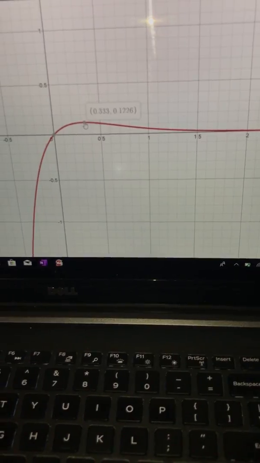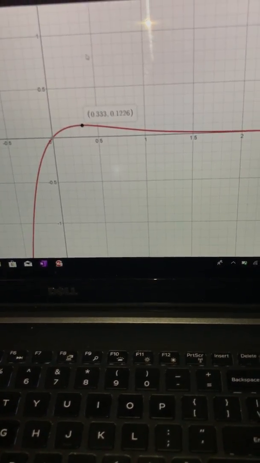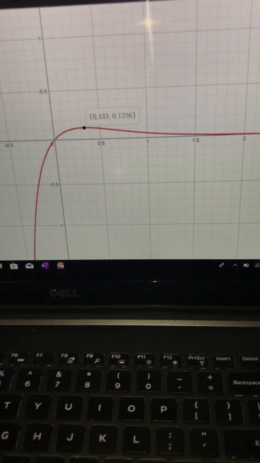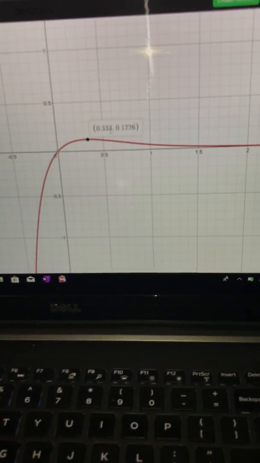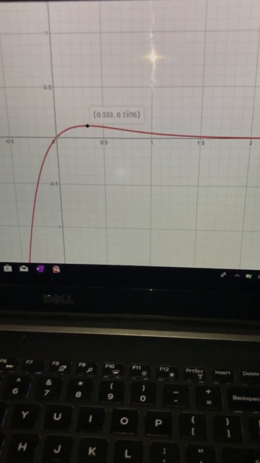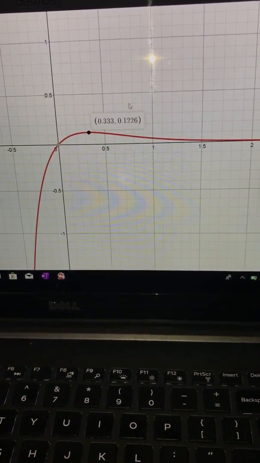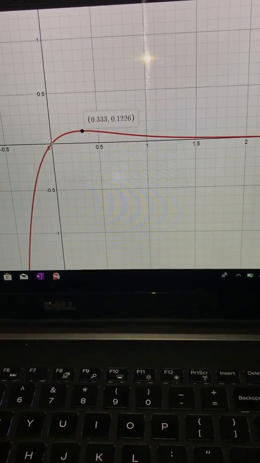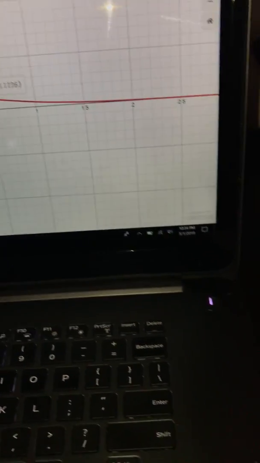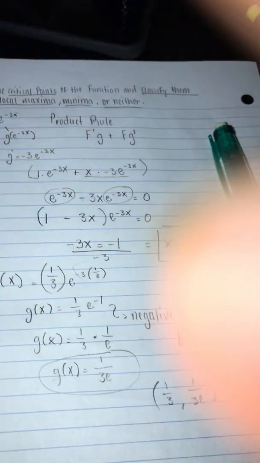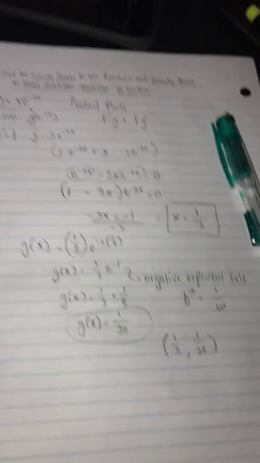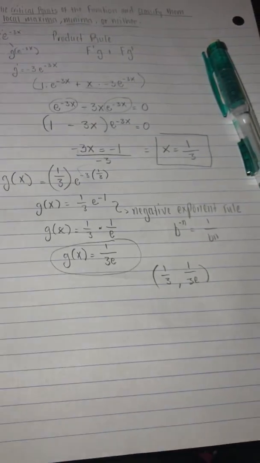If you look at the highest point of the maxima, you'll see 0.333, which is 1 over 3, and 0.1226, which is 1 over 3e. And that is how you find the critical point and the local min, max of the equation.